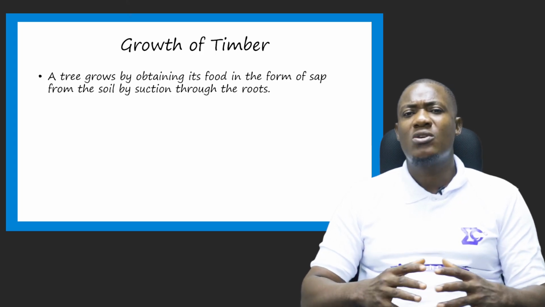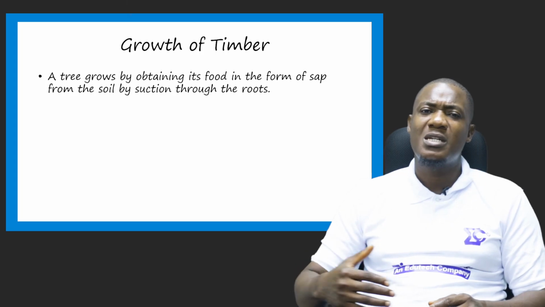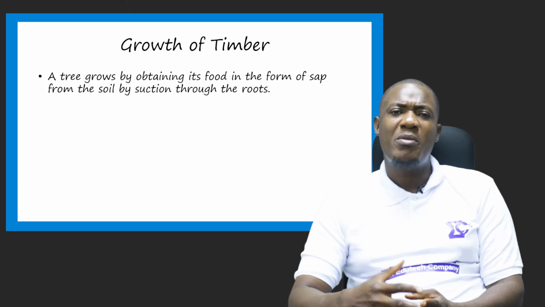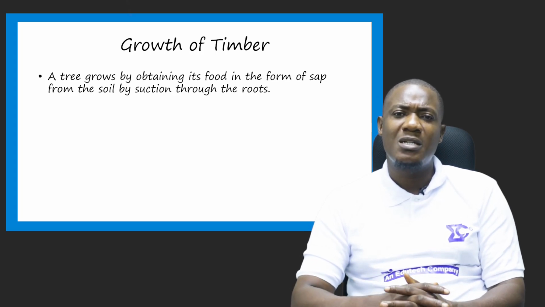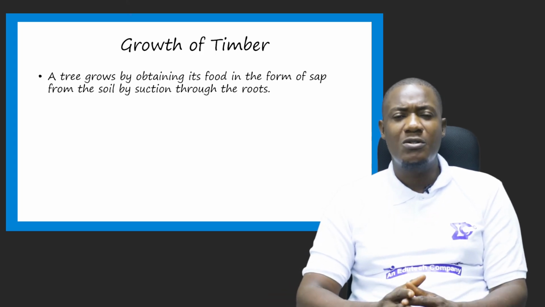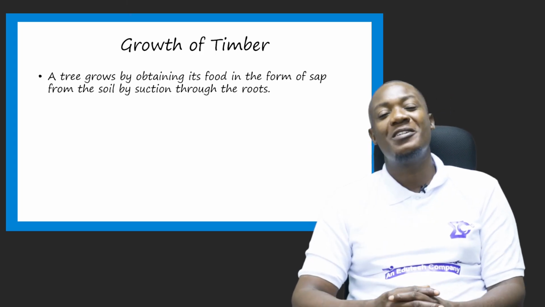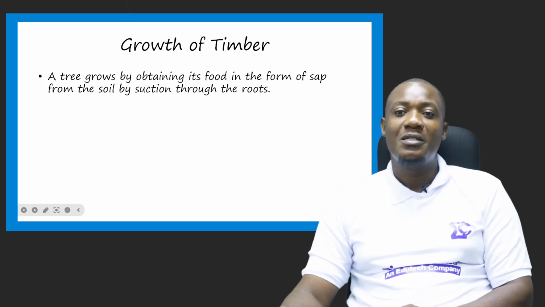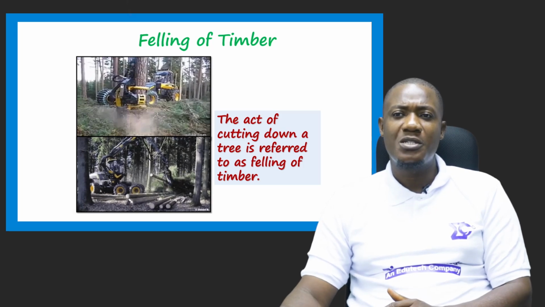As they continue to grow and this sap is deposited, they form rings we call annual rings. The number of annual rings in a tree is equal to the number of years of the tree. That is a little way of explaining how trees grow.